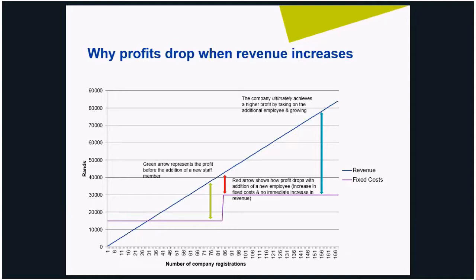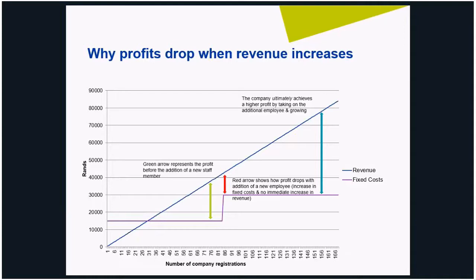That's represented by the green arrow on the graph. Now, the challenge that this company faces is that if it wants to increase the number of registrations it does per month, it has to make a big upfront investment in a second employee, increasing its fixed costs from 15 to 30,000 Rand per month.